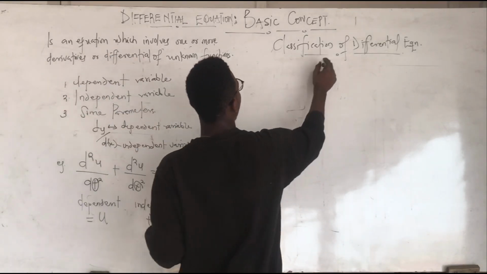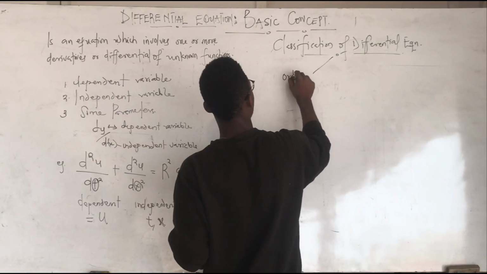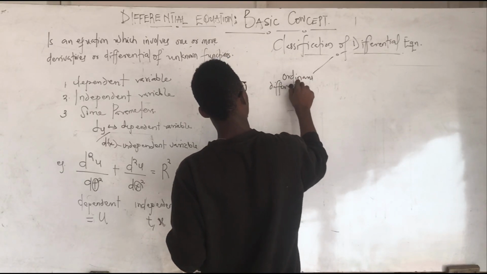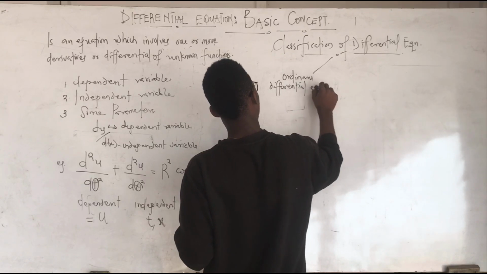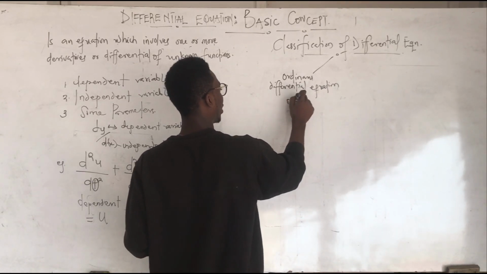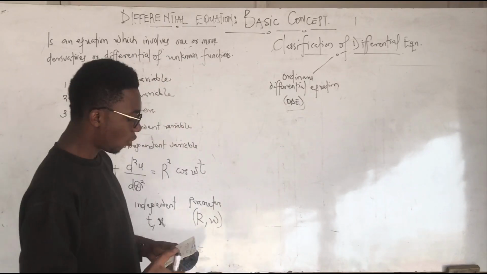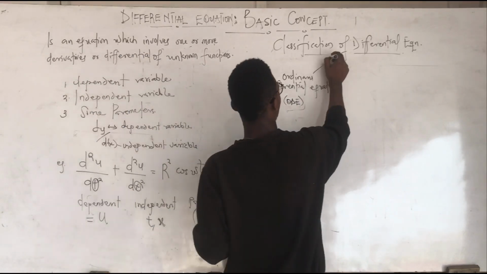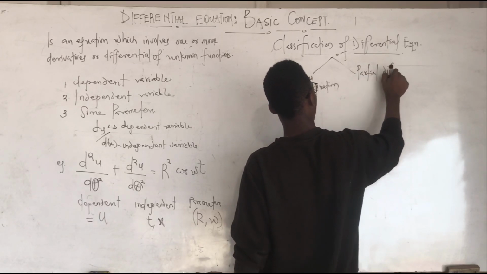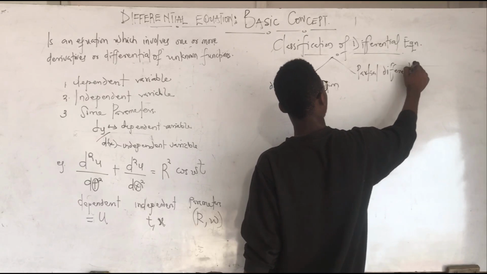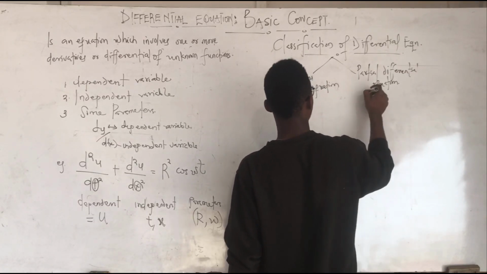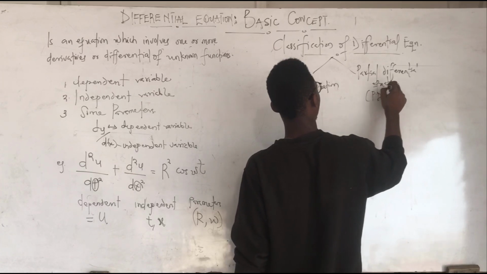One, we have the ordinary differential equation, which in some books you will see as ODE. And two, we have the partial differential equation, which in some books you will see as PDE.